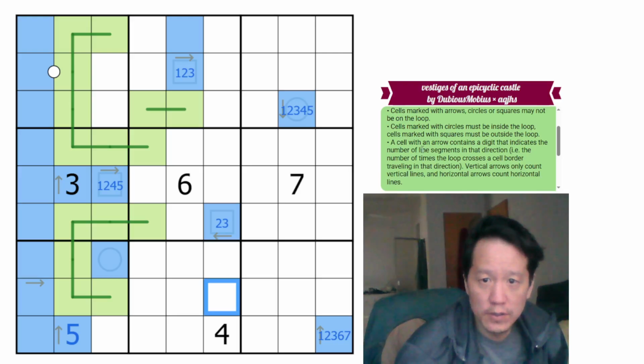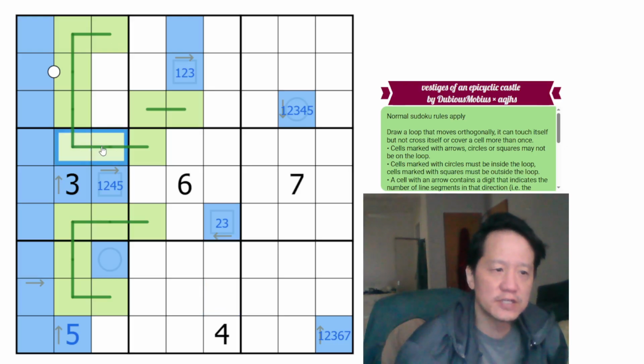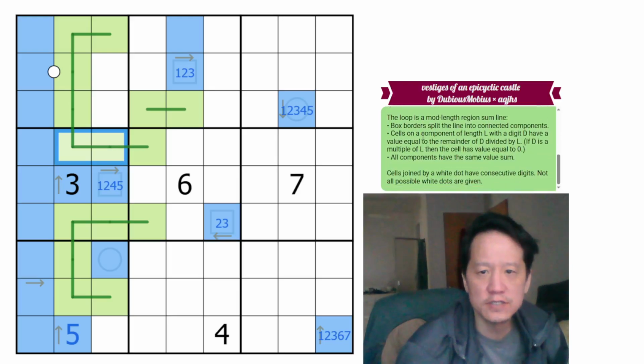Let's see. Interesting. Okay. So this segment can be at most 2 in size. Right? Because its L is length 2.